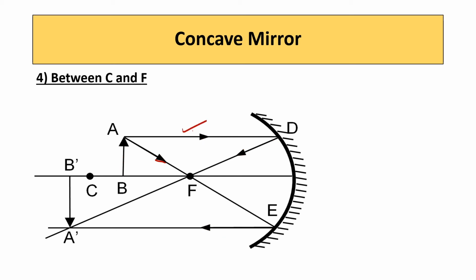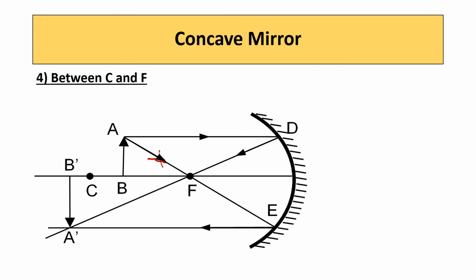Ray 1 is parallel to the principal axis and after reflection it passes through the focus. Whereas ray 2 passes through the focus and hence after reflection it must be parallel to the principal axis.